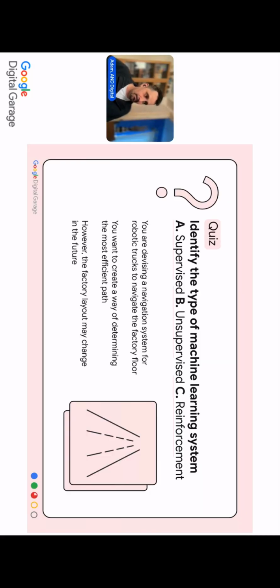So it may have aspects of supervised learning, but generally we're looking for reinforcement learning, especially where you're not letting it loose on a real factory. You want it to work in a simulator, crashing into things all the time in the simulator until it gets to the point where it's not likely to crash into things. So reinforcement learning is the correct approach. You might have aspects of A and B, in fact, but C is the correct answer.